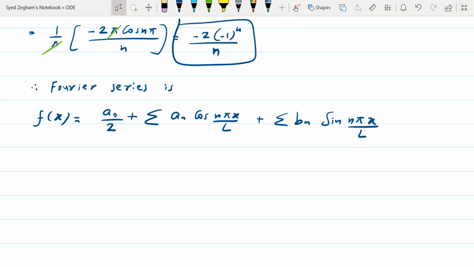Therefore, we get f(x), which is defined as x minus x square, is equal to a naught divided by 2.